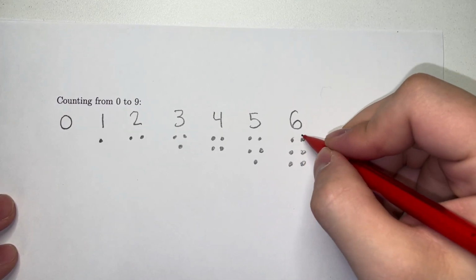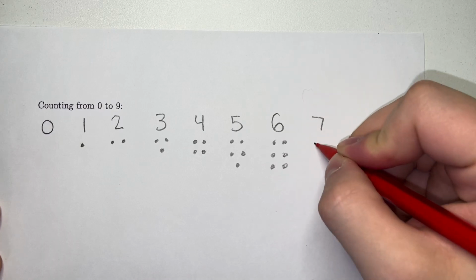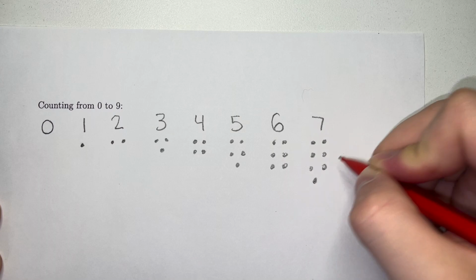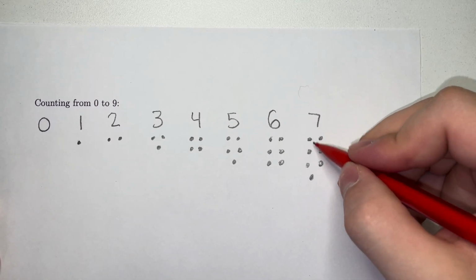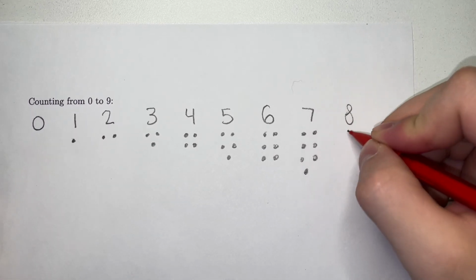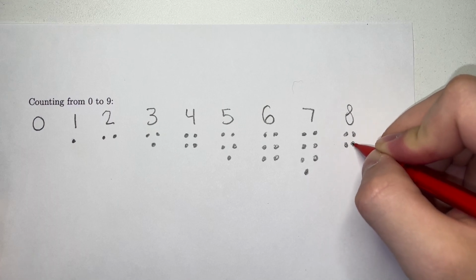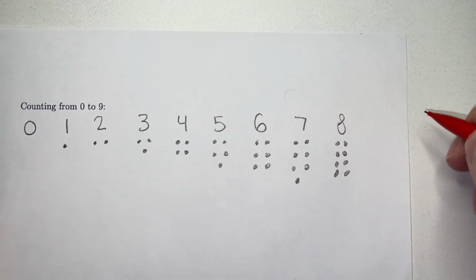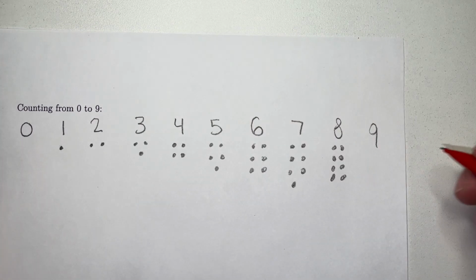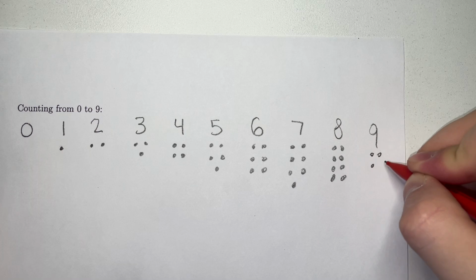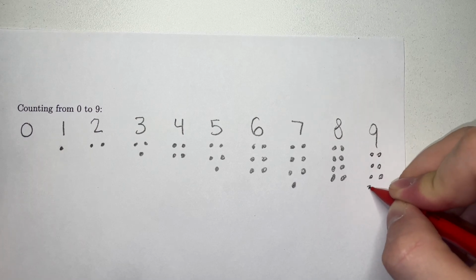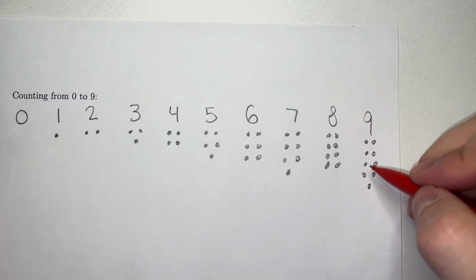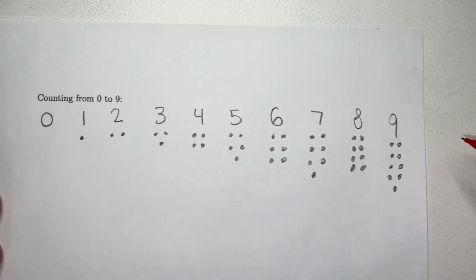Here we have 6, which is 3 pairs. Here we have 7, which is 3 pairs and a single. Here we have 8, which is 4 pairs. And then here we have 9, which is 4 pairs and a single.